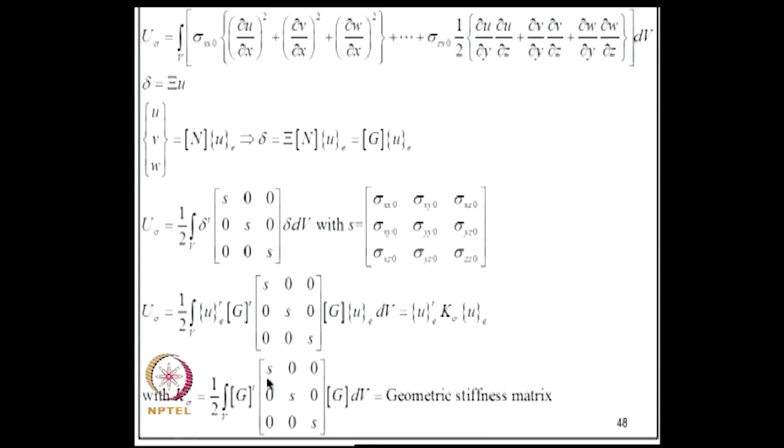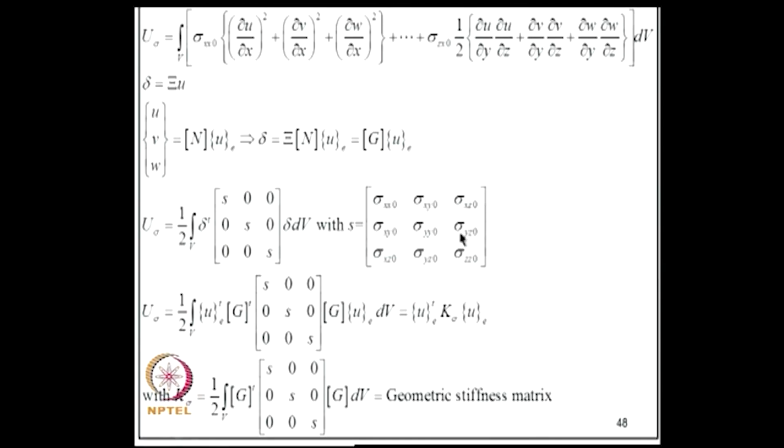This is exactly similar to B into u v, whereas B was a matrix of these operators; here I have capital Xi to be this. Consequently, this complicated expression can be put neatly in this form: u sigma is half delta transpose into this matrix of initial stresses, delta dV.